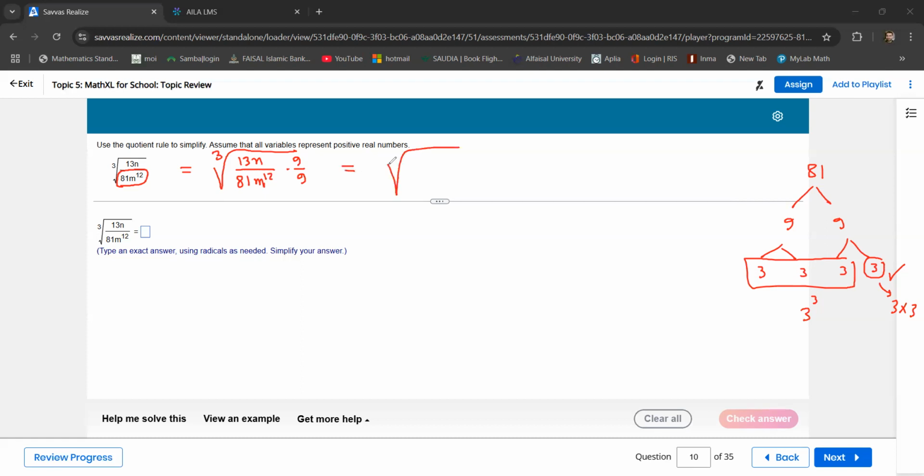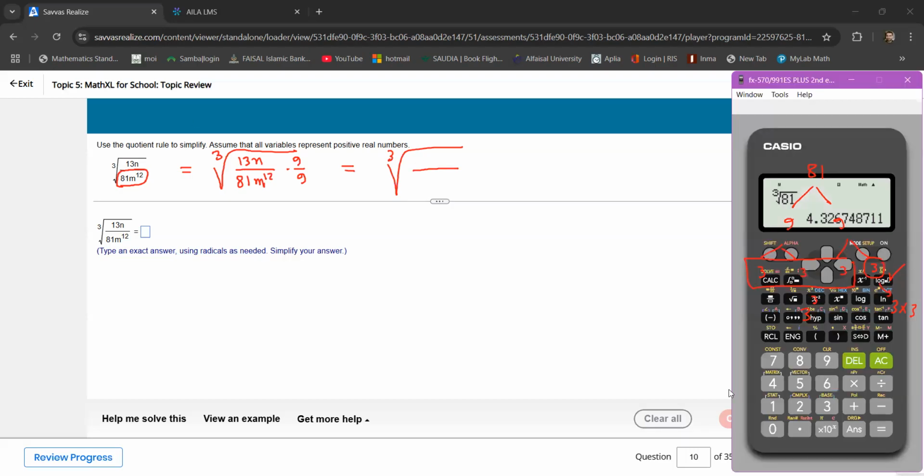So this will be the cubic root of 13 times 9, which gives you 117n, of course, over 9 times 81, which will be 729 m to the power of 12.